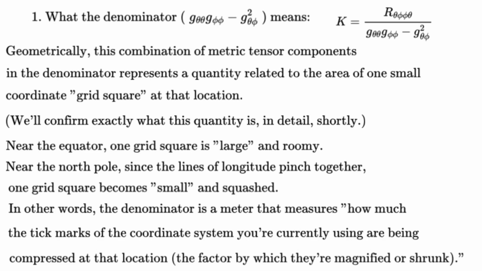Near the equator, one grid square is large and roomy. Near the North Pole, since the lines of longitude pinch together, one grid square becomes small and squashed. In other words, the denominator is a meter that measures how much the tick marks of the coordinate system you're currently using are being compressed at that location, the factor by which they're magnified or shrunk.